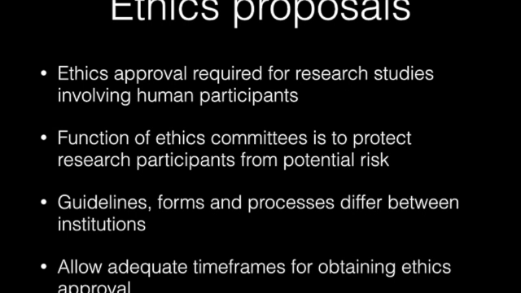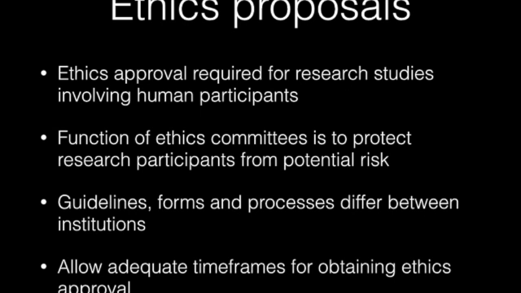Okay, so the second type of research proposal that we're going to briefly touch on are proposals for ethics boards. So human ethics approval is required for research studies involving human participants, and there are particular formats for ethics proposals that you need to comply with. And again, this is really a matter of making sure that you get the guidelines and you follow the process.